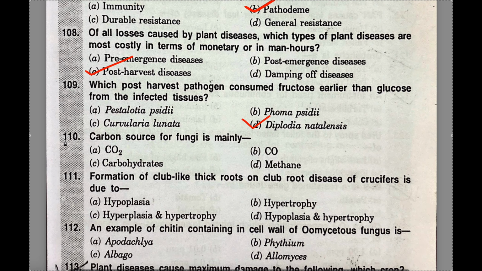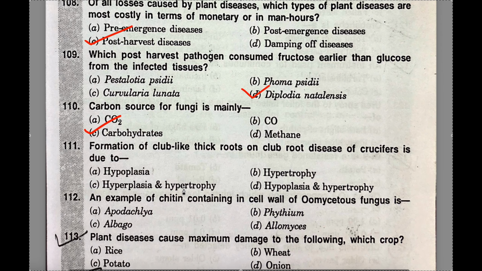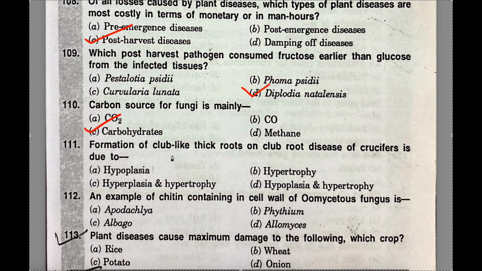Next question. 110. Carbon source of fungi is mainly CO2, CO, carbohydrates or methane. It's carbohydrates.